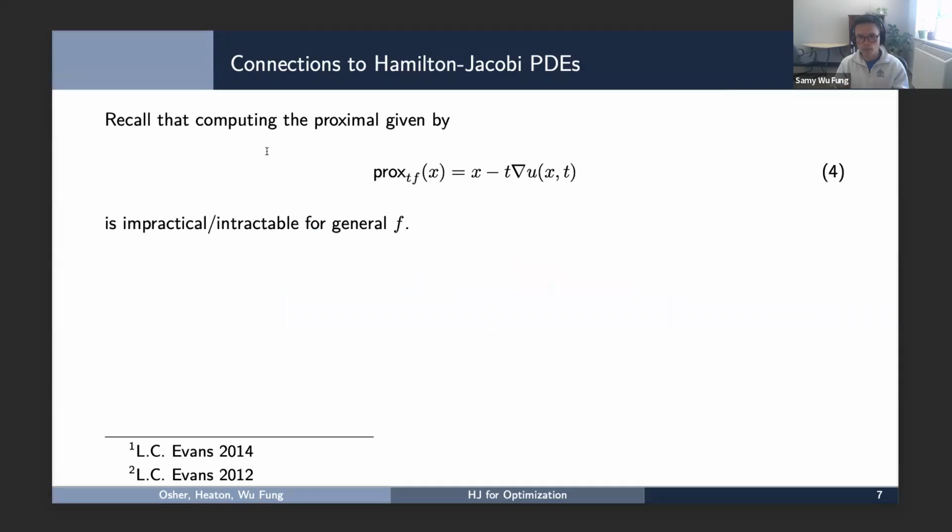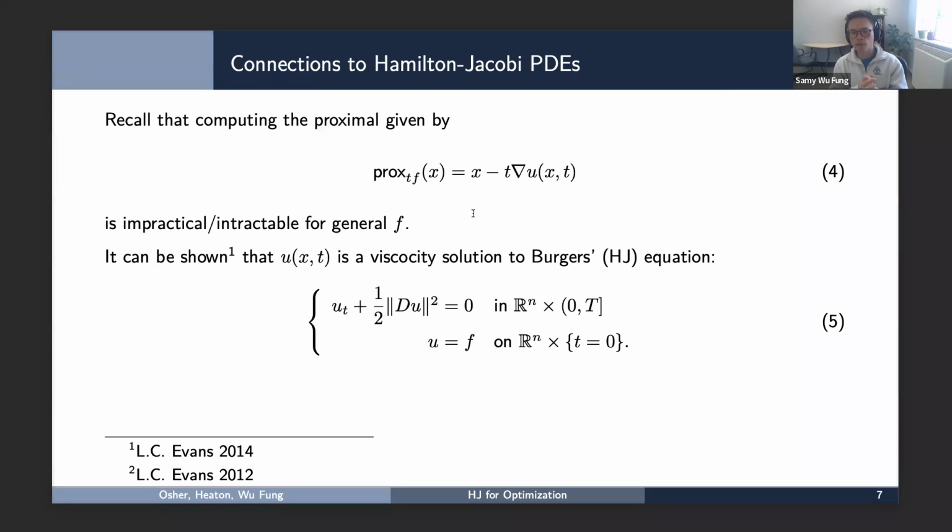Recall that the proximal and the Moreau envelope are related to one another. In particular, the proximal can be written as an affine transformation on the gradient of the Moreau envelope. Recall the Moreau envelope is the inf, and the proximal is the argmin, which again is intractable to compute for general f. So if we can find some way to quickly compute this gradient of the Moreau envelope, then we have a way to tractably and quickly compute this proximal.